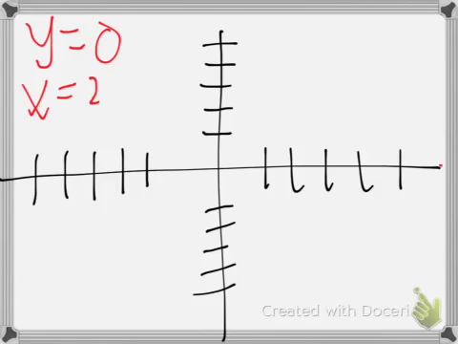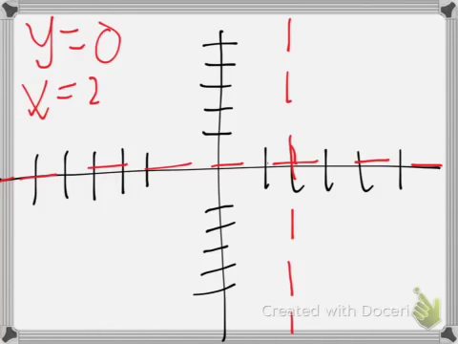So for y equals 0, you always draw a dashed line, and I'll draw it on 0, because y equals 0. And then I'll draw another dashed line on 2 for x equals 2.